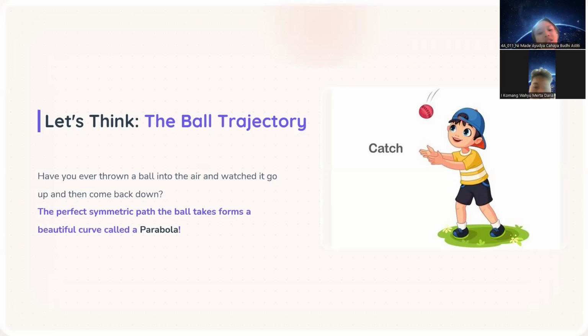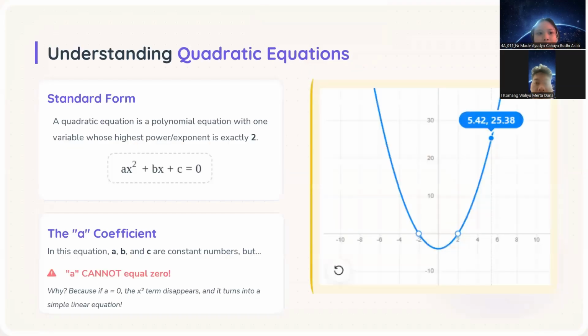So let's get started. The first is understanding quadratic equation. What is a quadratic equation? A quadratic equation is a polynomial equation with one variable whose highest power is 2. You can see this definition on the screen.